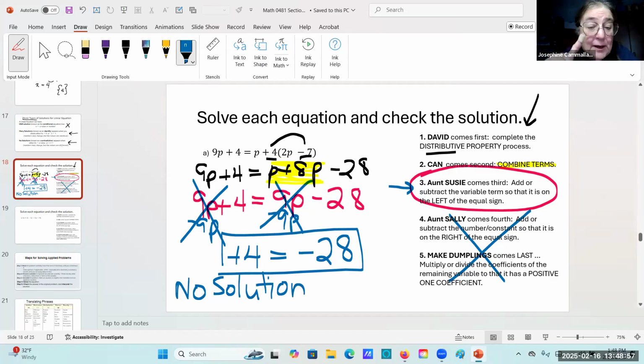Now, there's a couple of things you have to watch out because no solutions are going to come in a couple of ways. It is going to be an empty set. There's nothing inside those 2 brackets. But you're also going to see a circle with a line through it.